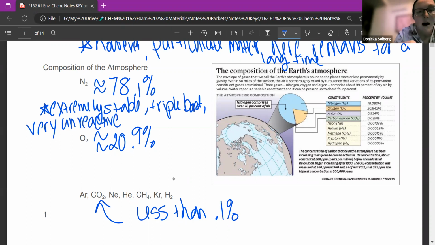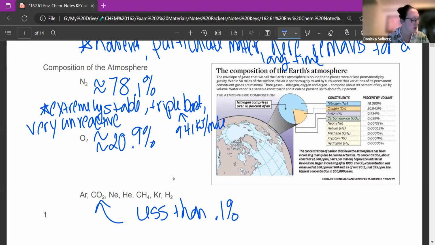To actually break that triple bond takes 941 kilojoules per mole. That's the bond energy, or the amount of energy required to break that bond. It's actually very high. Oxygen, on the other hand, has a double bond, which is still pretty strong, but not as strong as a triple bond.